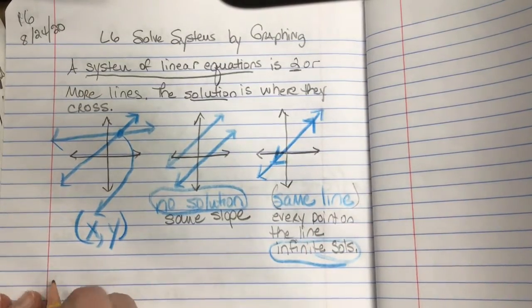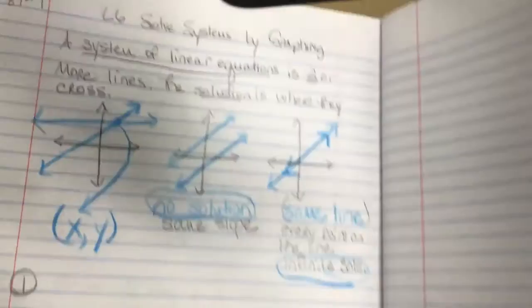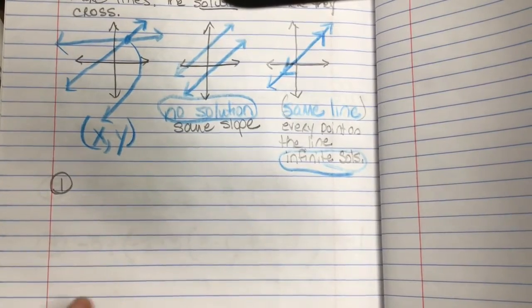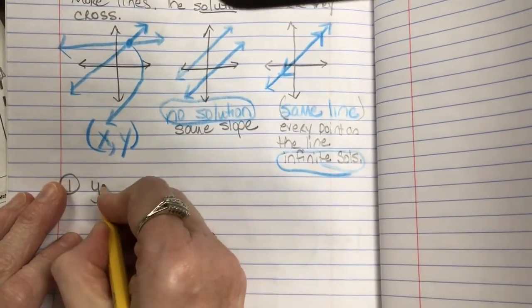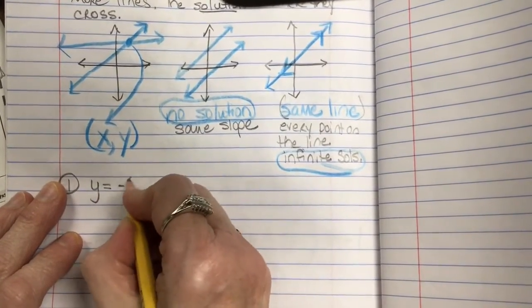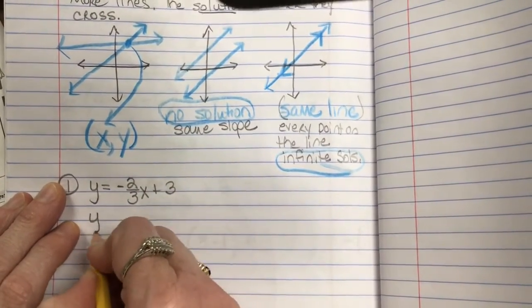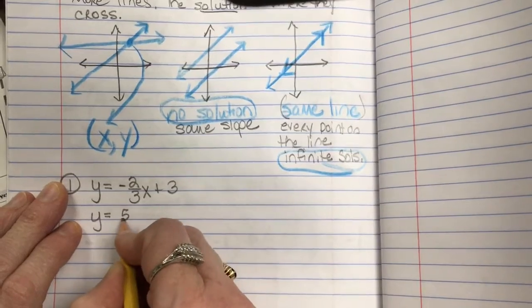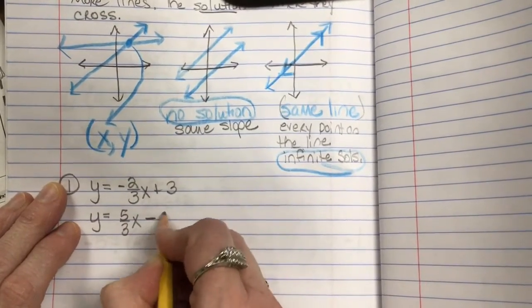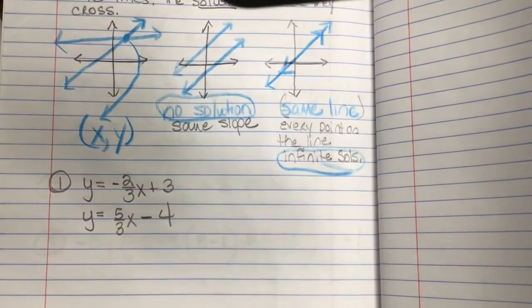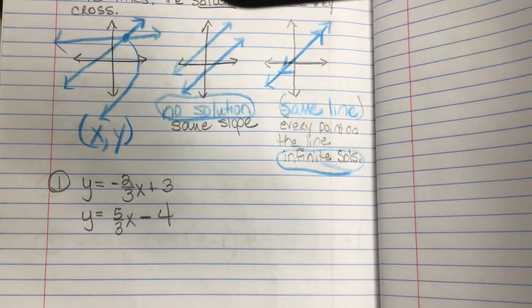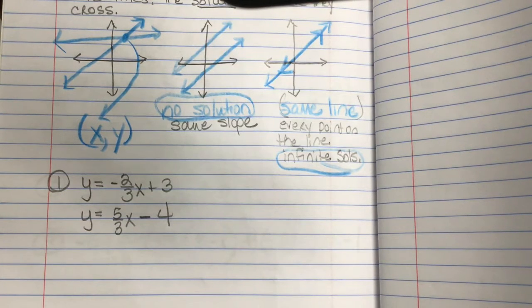So the first one we're going to do is y equals negative 2/3 x plus 3, and y equals 5/3 x minus 4. And there's about 5 steps to graph it and find where they cross.